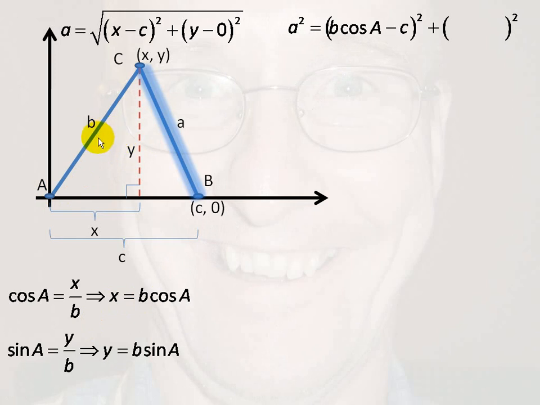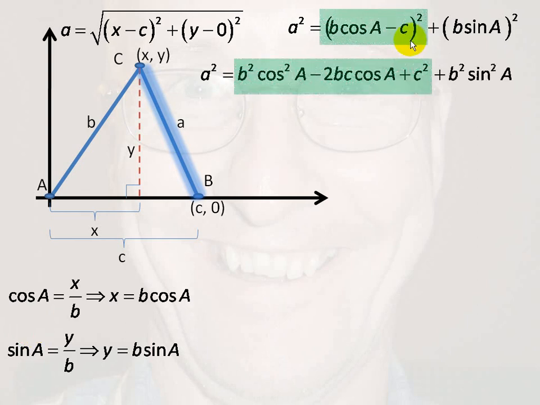Multiply both sides by b, and I get b sine A for y. So I'll replace the y with b sine A. And now just do the multiplication. Notice squaring this first one, I get this. And then squaring b sine A, I get b squared sine squared A.